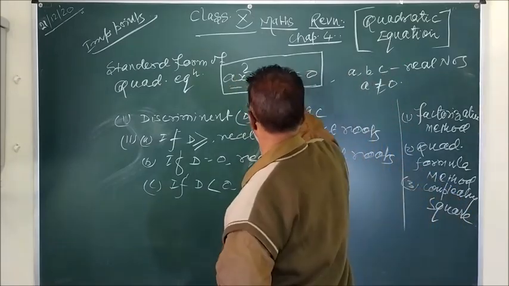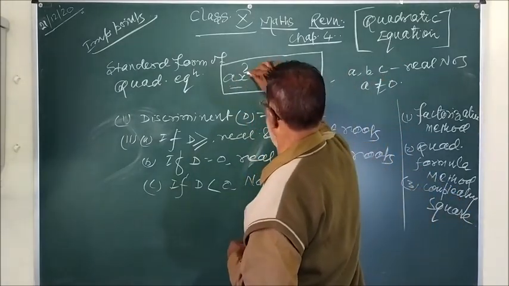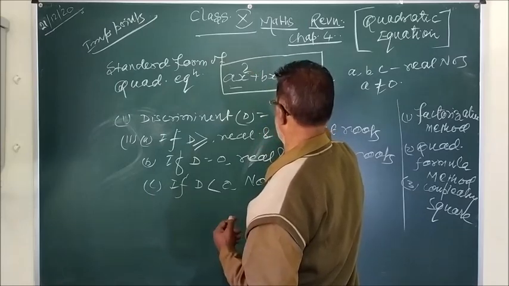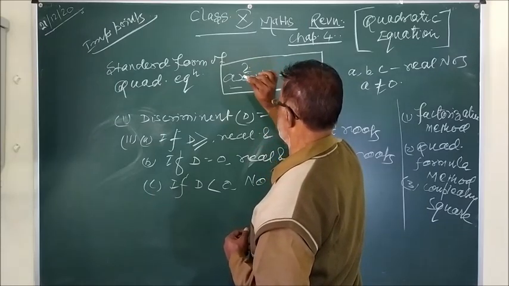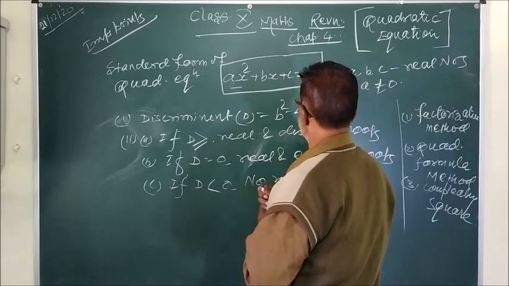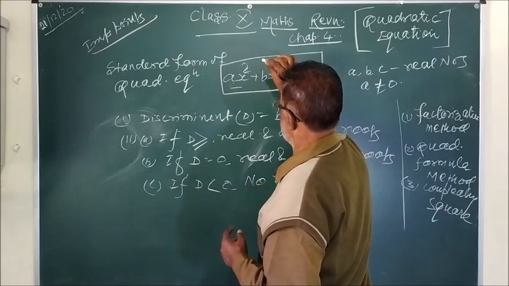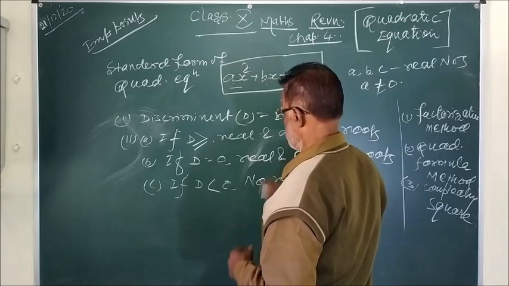Here a, b and c are real numbers and x is the variable. Maximum power 2, this is the quadratic equation, and this is the standard form.